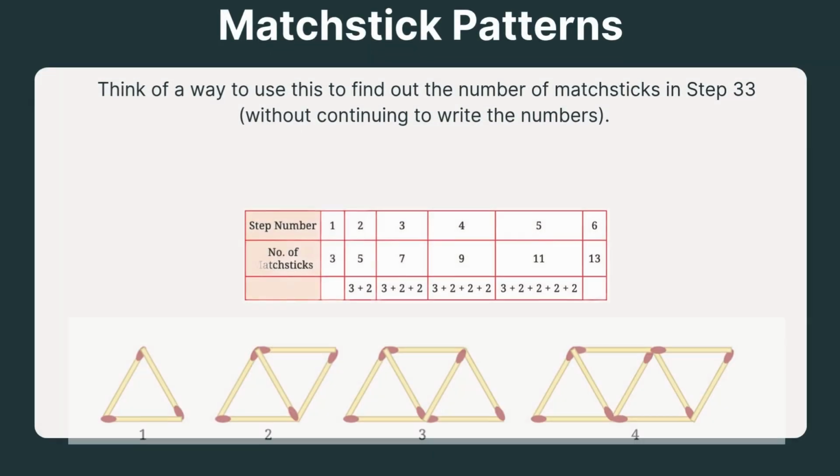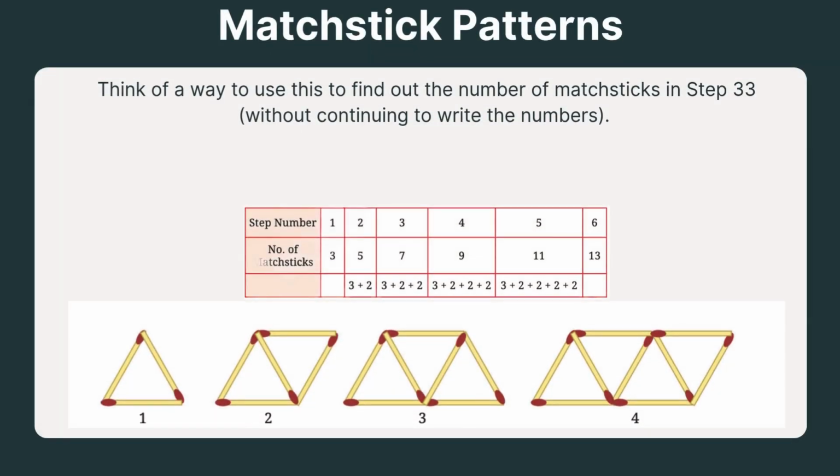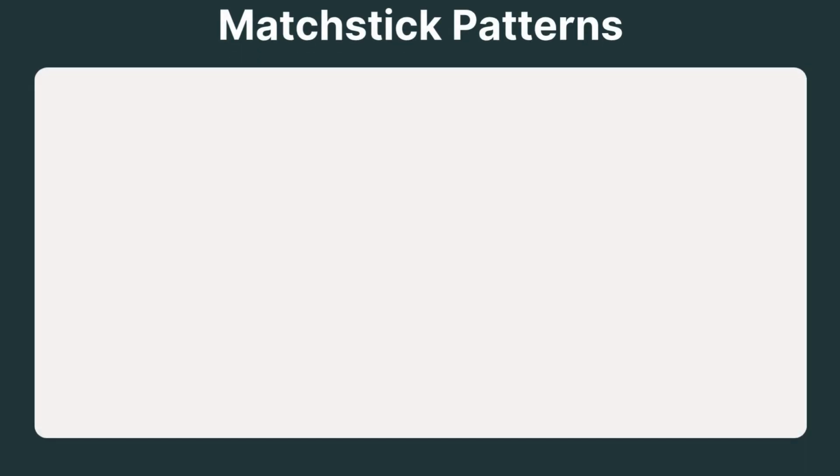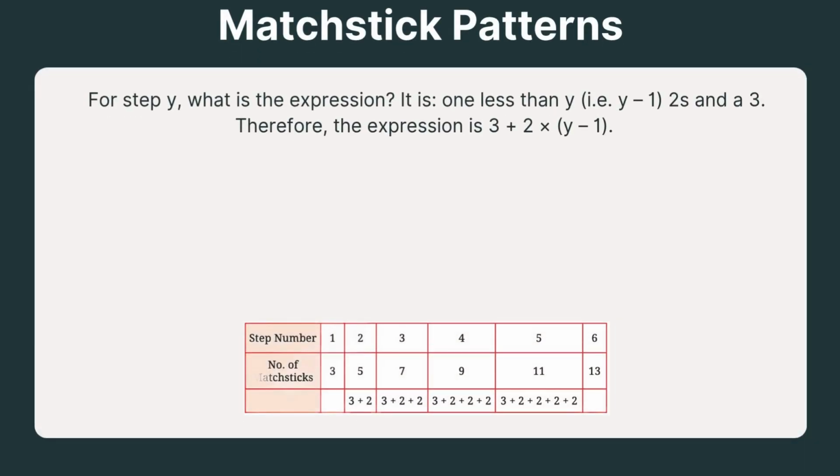Think of a way to use this to find out the number of matchsticks in step 33 without continuing to write the numbers. As each time two matchsticks are being added, finding out how many 2's will be added in step 33 will help. Look at the table below and try to find out. For step Y, what is the expression?